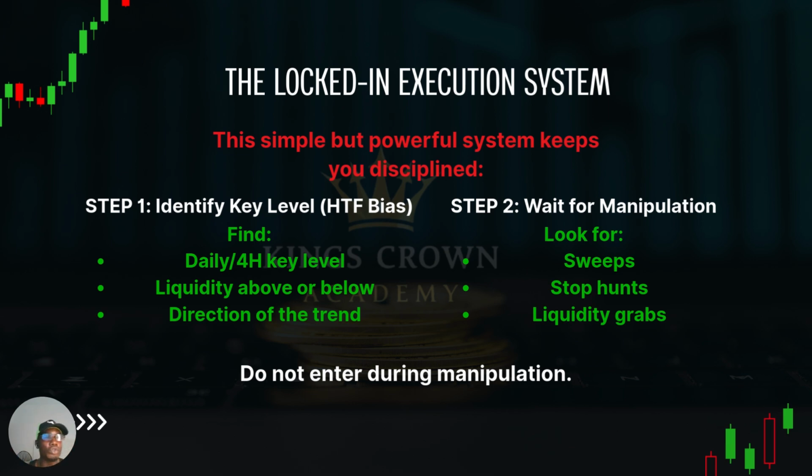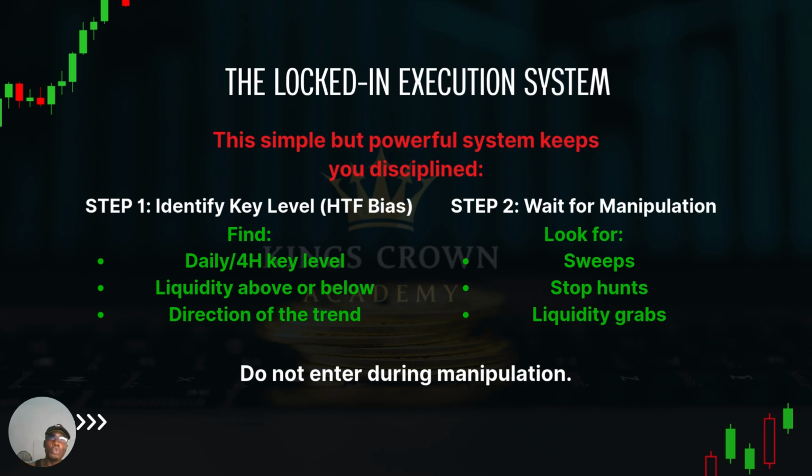Use a higher time frame to achieve that: a 4 hour, a daily, a weekly, whatever it is. Now mark out the liquidity above those key levels. Also observe the overall direction of the trend. If the trend is not clear, stay out of the market, stay out of that particular commodity. That is step one.